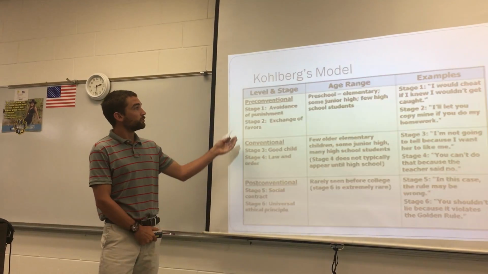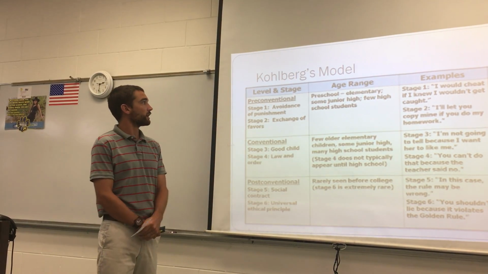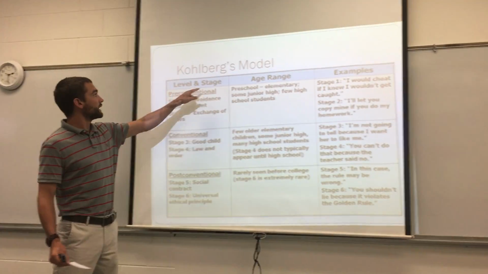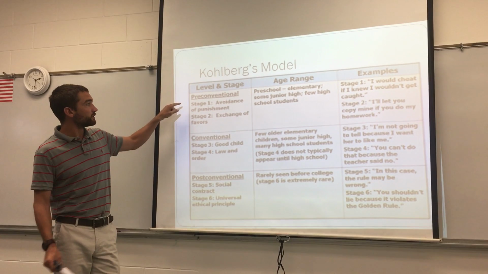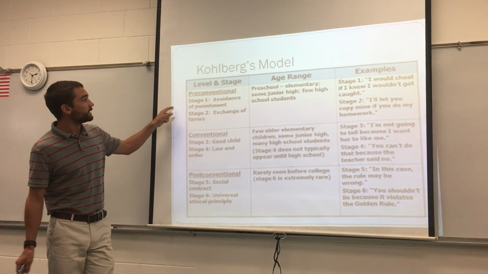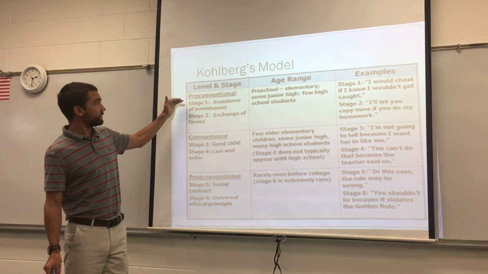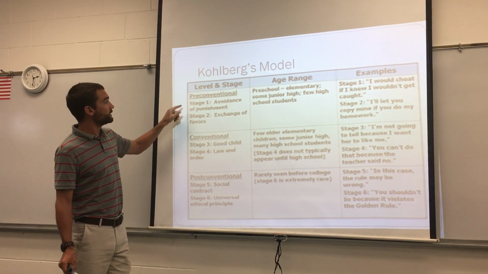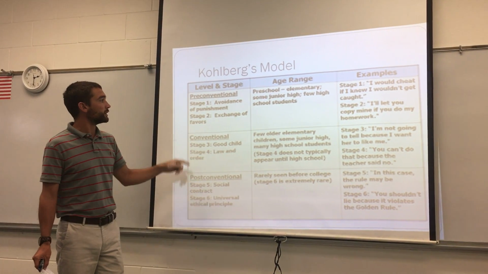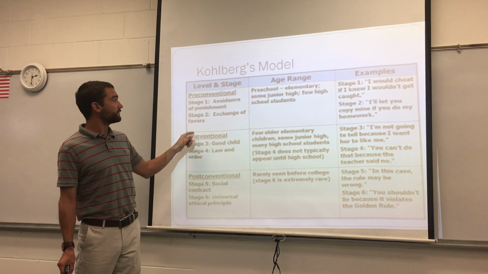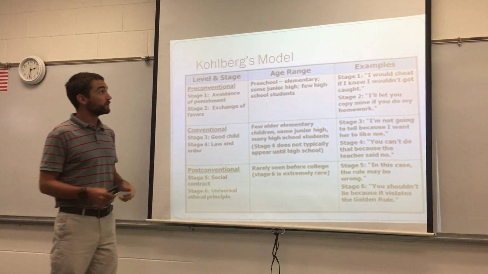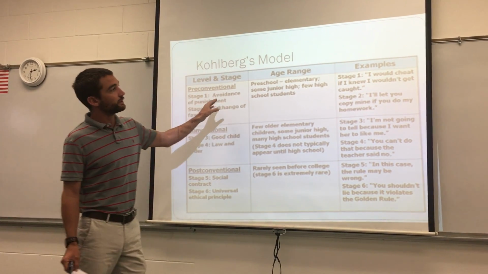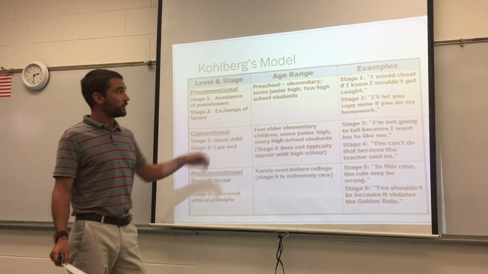And I will show you on this slide what his model looked like. These are the levels and stages. Pre-conventional is the first level, and the stages are stage 1, avoidance of punishment, and stage 2, exchange of favors, okay? I'll go into the age range and some examples later on.